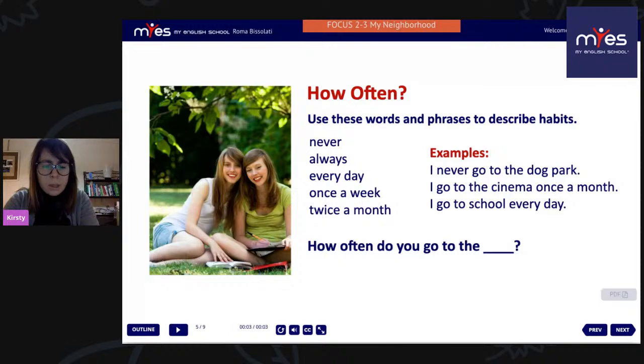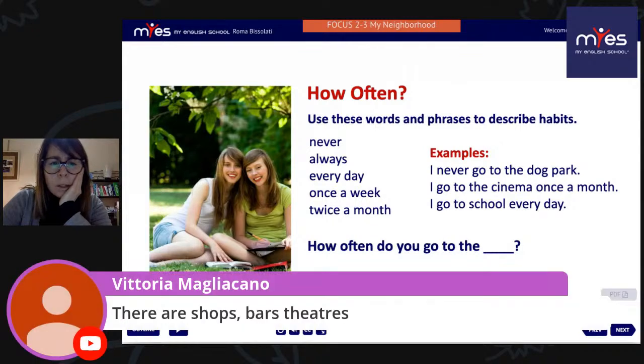But if it's a singular thing, you say there is a hotel, for example. There's a hotel, like one hotel. Good. There are shops, bars, theatres.